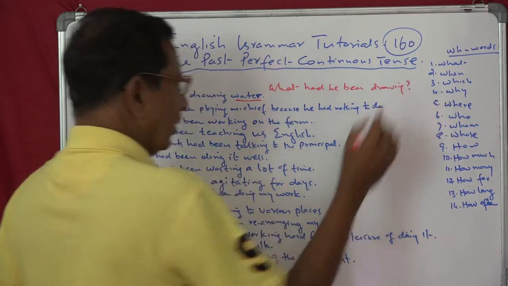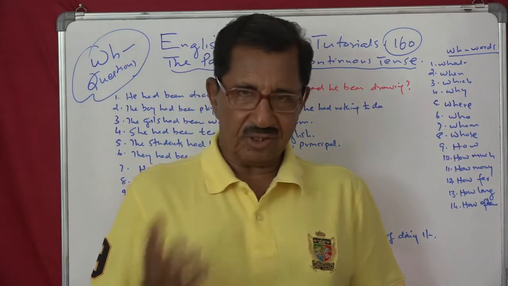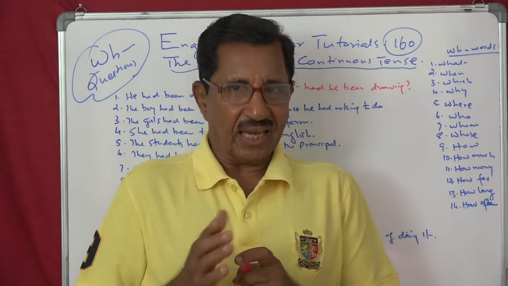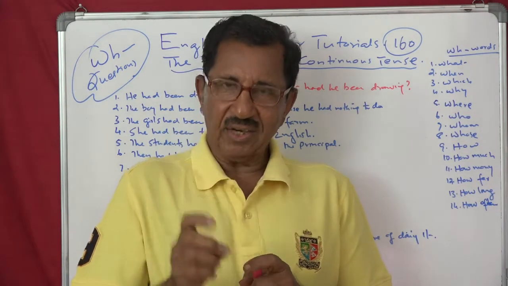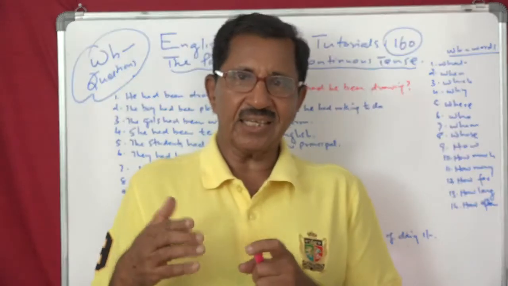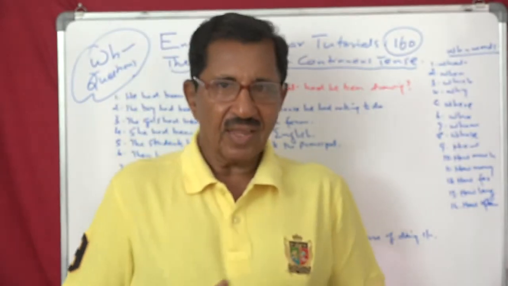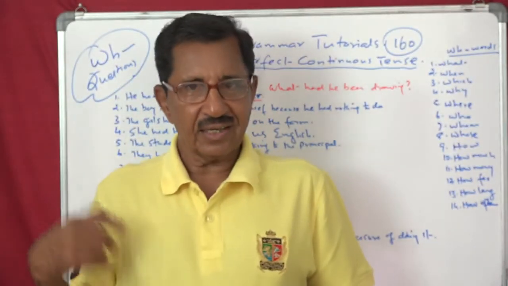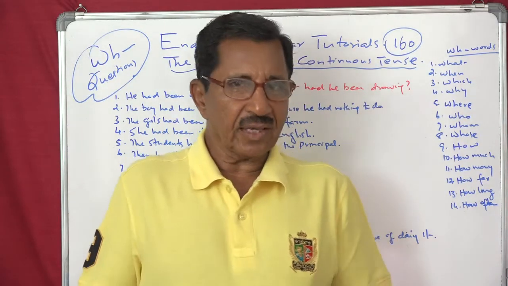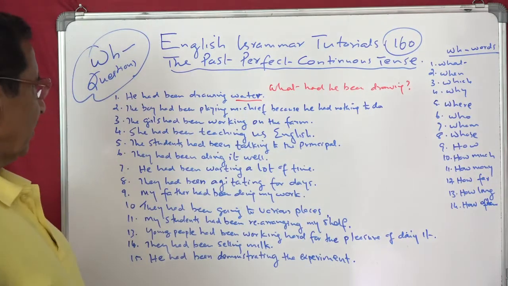So I think you know the preliminaries of making question word questions, isn't it? First you change them into yes or no questions and then find out the appropriate question word, and bring it to the beginning of the sentence, and then the yes or no question will remain. We have been doing it, that's why I am not repeating it. Okay? Or do you want me to do it for the first one?